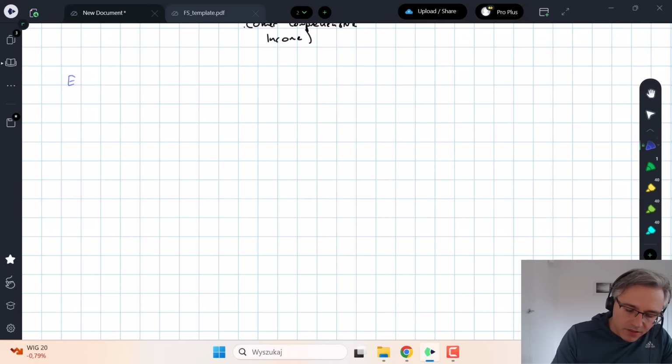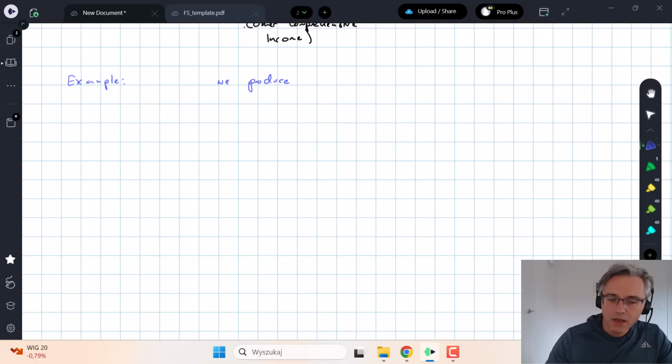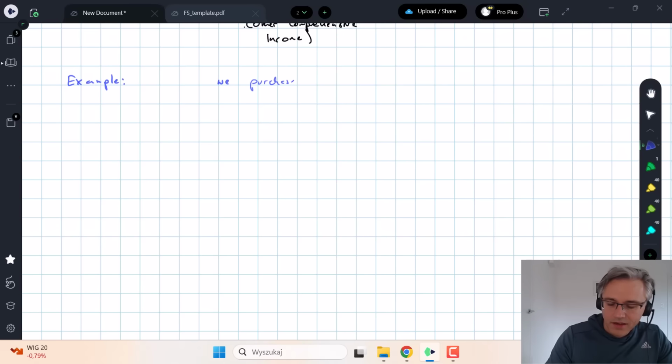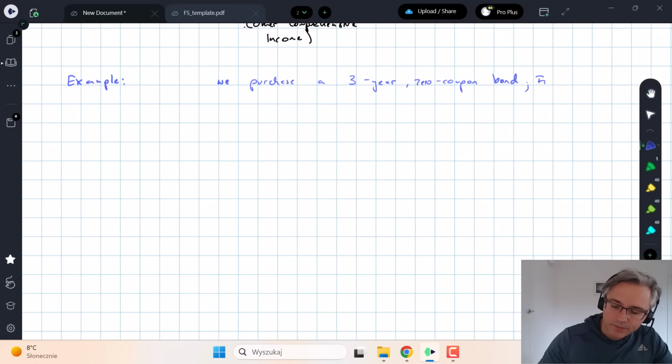So I'm going to base my example on a debt security, a really simple one. Let's assume that we as a company or a financial institution, whatever, we don't produce, we purchase a, let's say, 3-year, to make it simple, zero coupon bond whose face value, obviously to be received at the end of those 3 years, is a nice round €1,000.